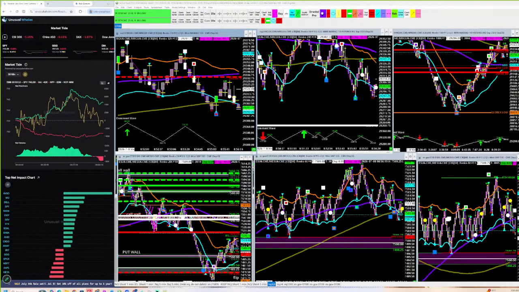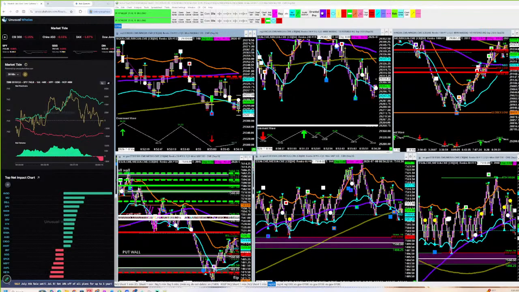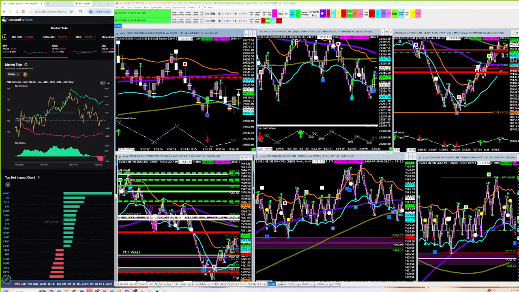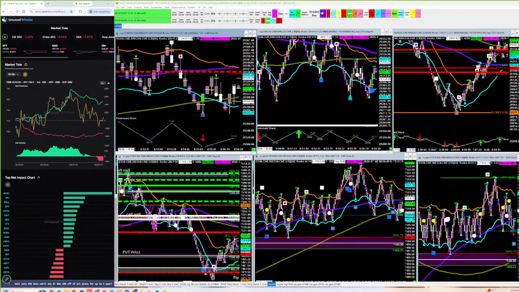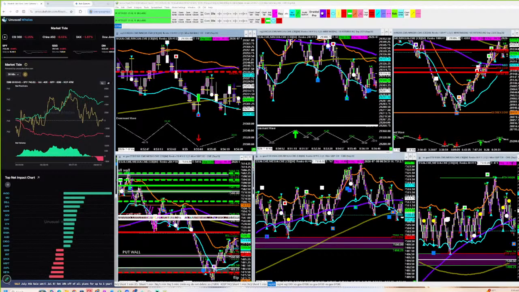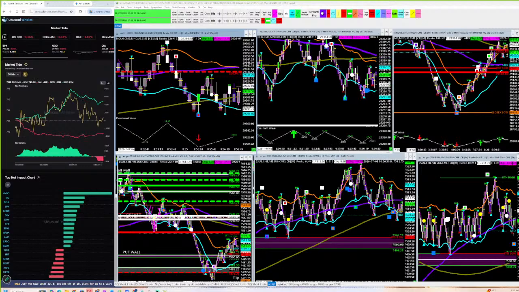Again, price is below that zero line now. Some people don't think that matters. It matters to me. And obviously, if you need to cover and you don't want to trade into econ, I get it and no problem.